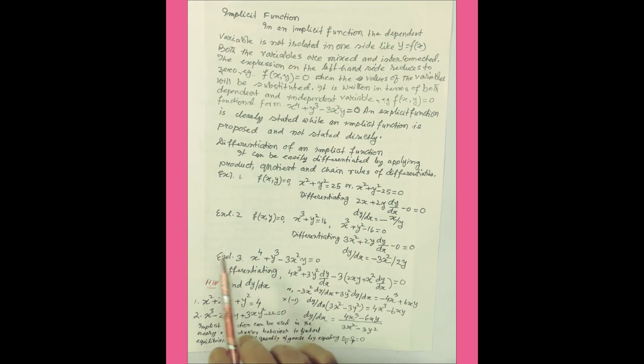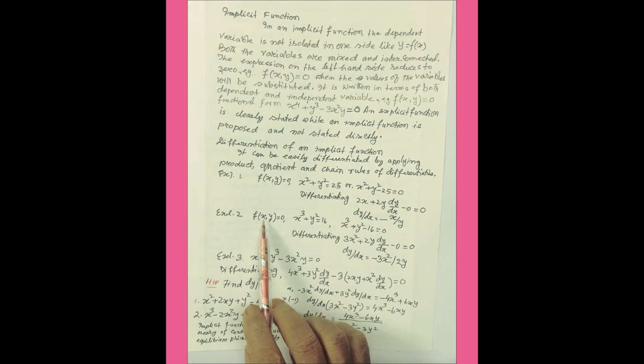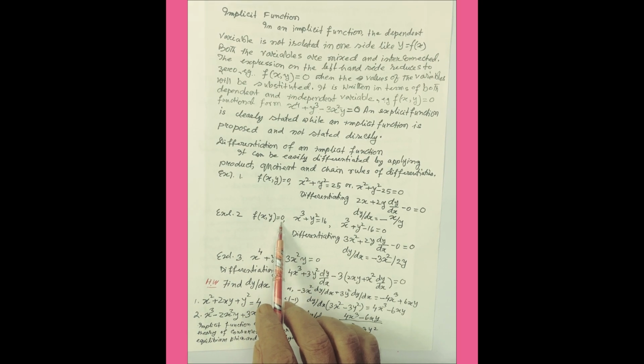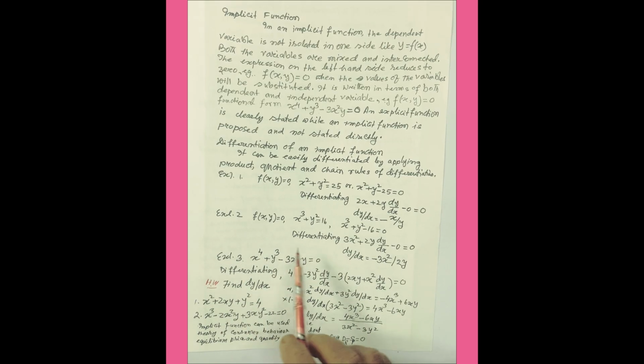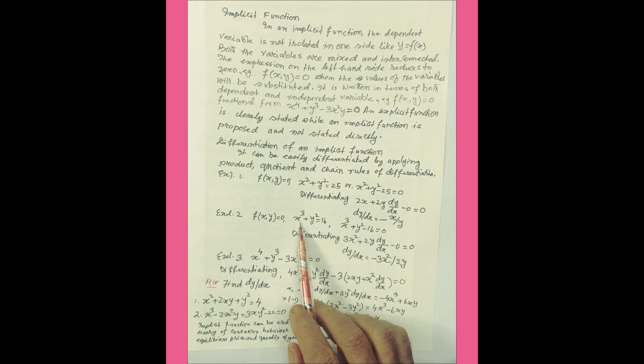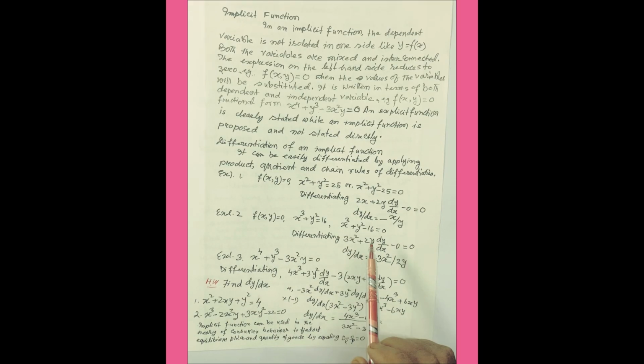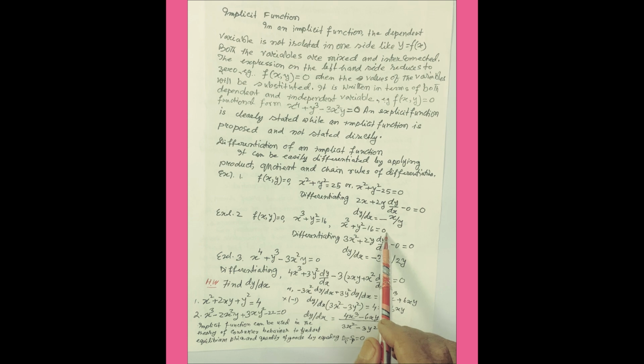Then example 2. Suppose this is another one, f(x, y) is equal to 0. The function is x cube plus y square is equal to 16. So x cube plus y square minus 16 is equal to 0. Let us convert it to 0 by transferring.